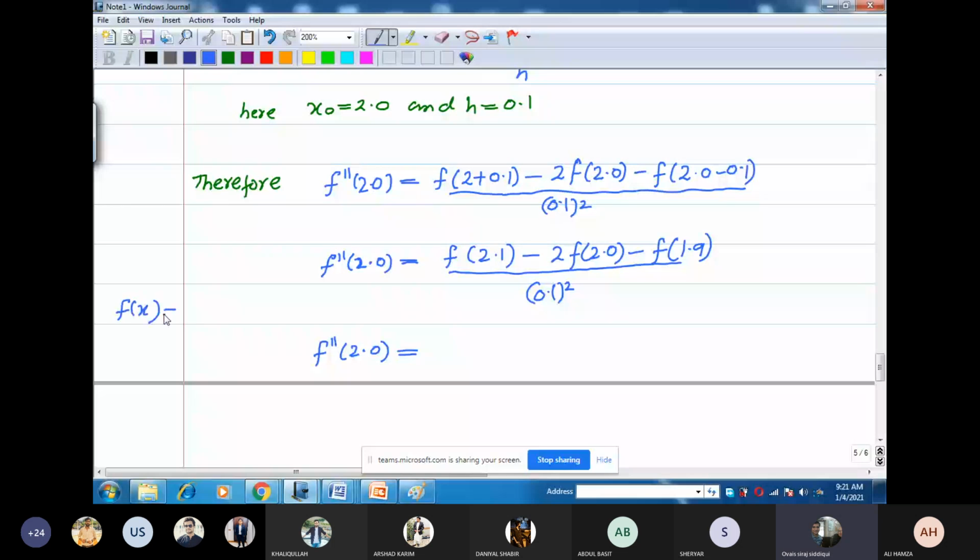F of x is x e^x, so 2.1 e to the power 2.1 minus 2 times 2.0 e to the power 2.0 plus 1.9 into e to the power 1.9.